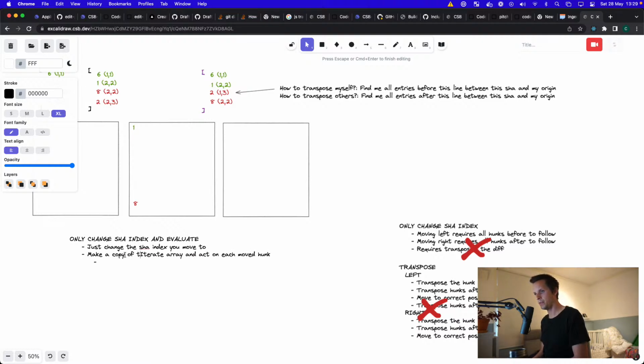Make a copy of the array and iterate, because the original array can be changed to reflect what SHA indexes we moved, but when the transposition, make a transposition copy of the array, iterate and act on each moved hunk.